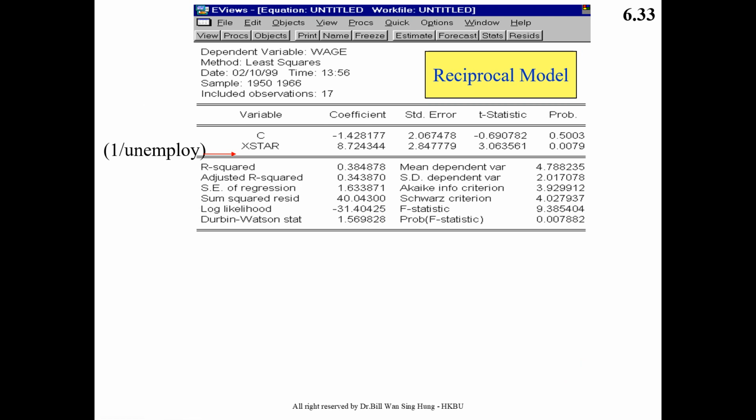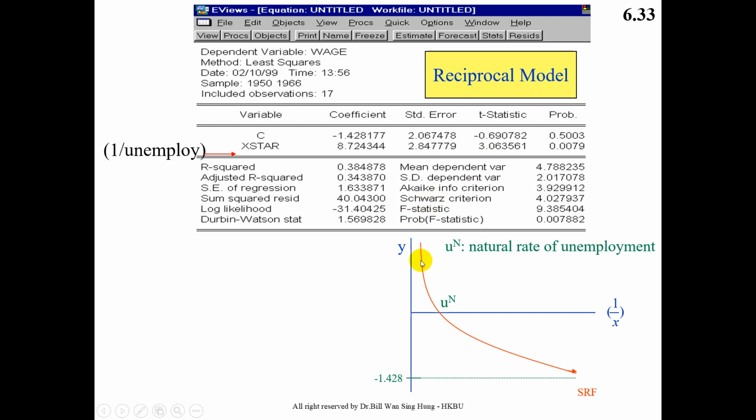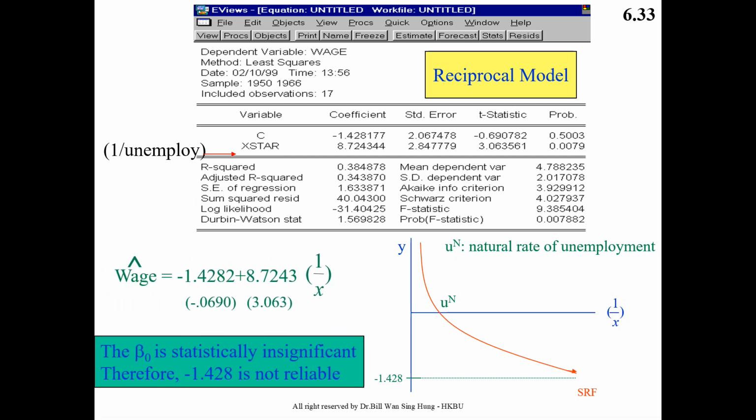This is the output of the reciprocal model, and this is x star, where x star is equal to 1 divided by unemployment rate. So here now the slope becomes positive and the t value is also positive, and then this is the graph. This is the graph of this natural rate of unemployment, and this is the reciprocal 1 divided by x, and the estimated model is like this.